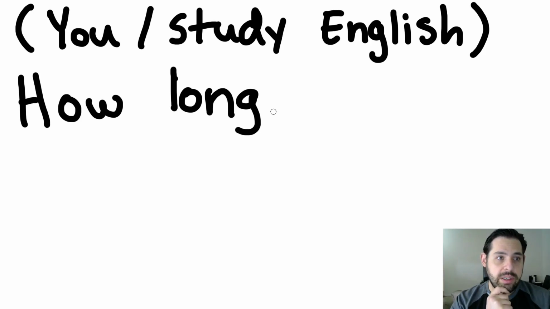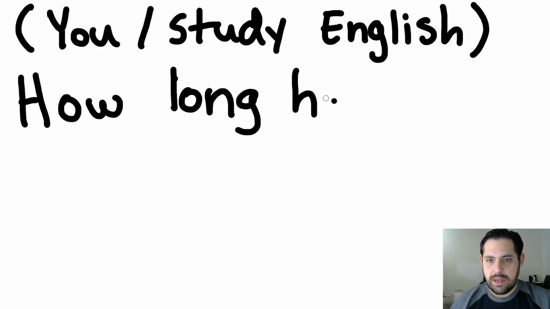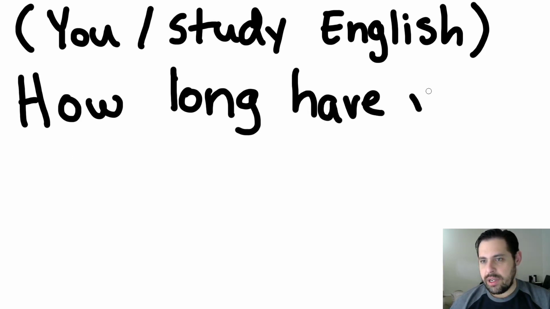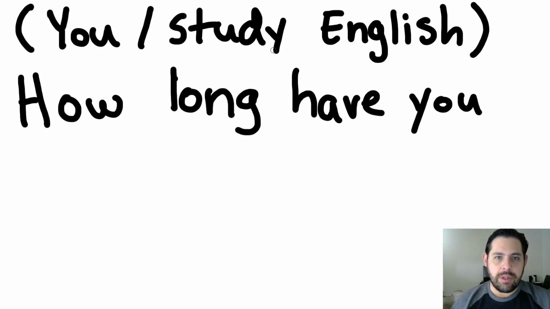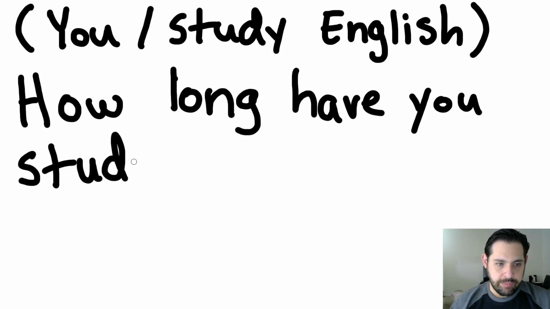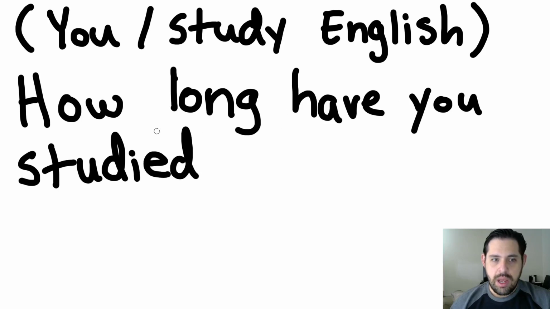So how do I conjugate to have with you? Well, it's have, right? So how long have, and then our subject, you, and then our past participle of study, which is studied, right? How long have you studied English?